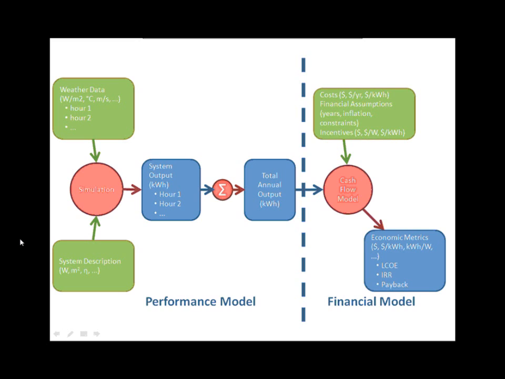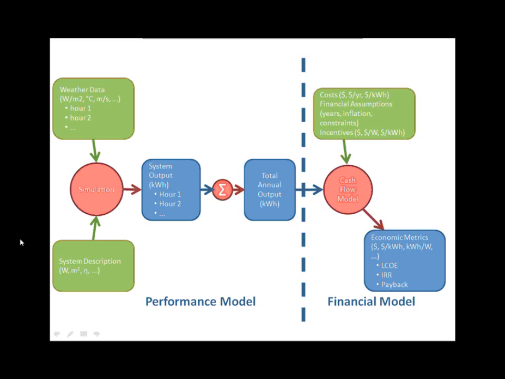Then SAM adds up those hourly values to calculate the total annual output of the system. So that's one number that is then passed to the financial model. And the financial model calculates the cost of energy of producing electricity with your system, and that runs over some long period, number of years.